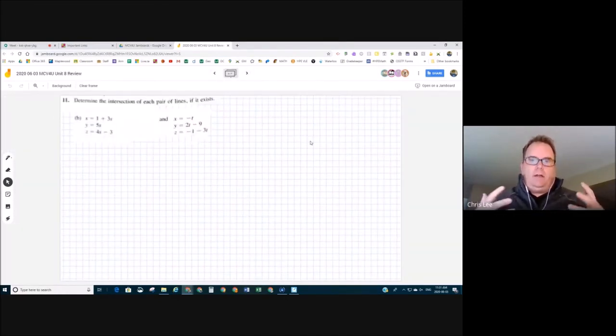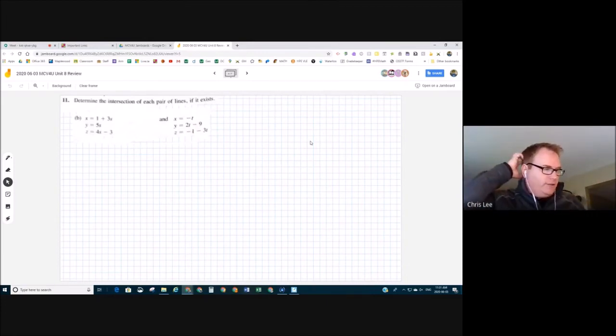Really all of this leads up to the last question about finding the intersection of them, and this is where the math starts to kick in a lot. You're going to investigate whether these two lines intersect, so we're going to assume that they do.